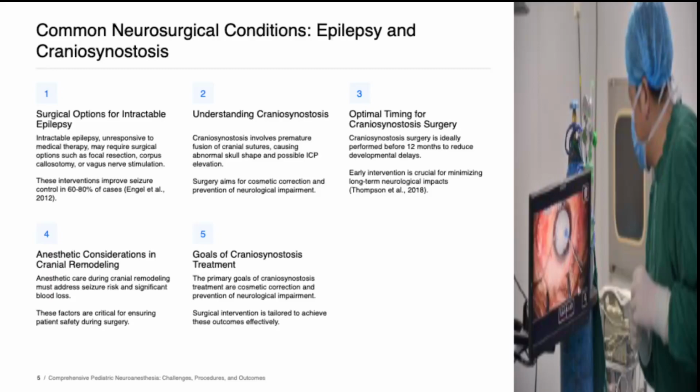Craniosynostosis is basically where there is premature fusion of the sutures in the head, and what happens is the head gets very misshapen. It can be shrunken, it can be egg-shaped, it can be flat on the sides.